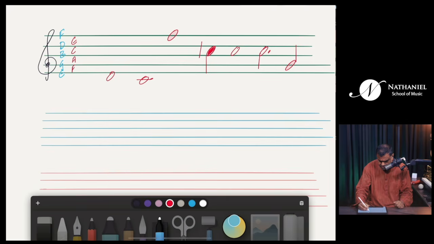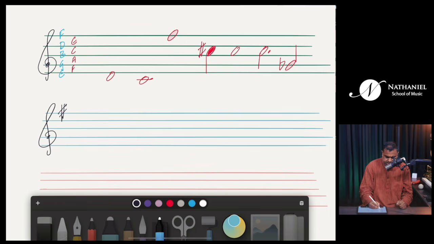Okay, so what about accidentals, or what about adjusting the note C to be, let's say, a C sharp? No big deal. Just draw the sharp just before. What if you want a G flat? No big deal. You can just draw a G flat. What if you're on the treble clef and you are on the A major scale?